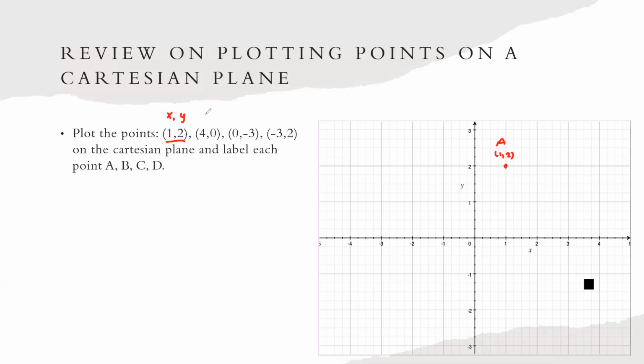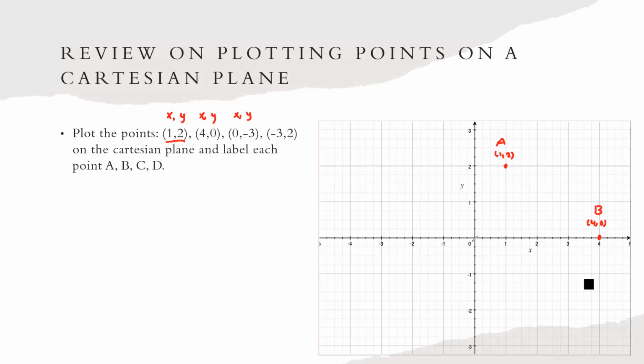So let's do the next one. (4, 0). 4 is your x, 0 is your y. You can start at (0, 0) and move 4 units to the right. Your y value is 0, so you don't go up or down, just dot it there. So this is (4, 0), and this is going to be B. And then C would be (0, -3).